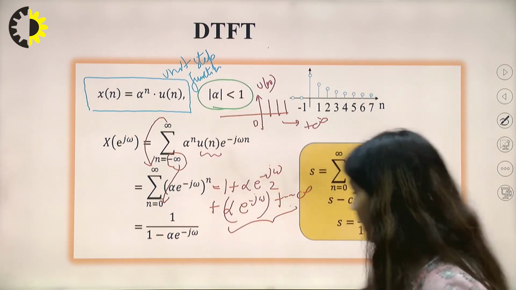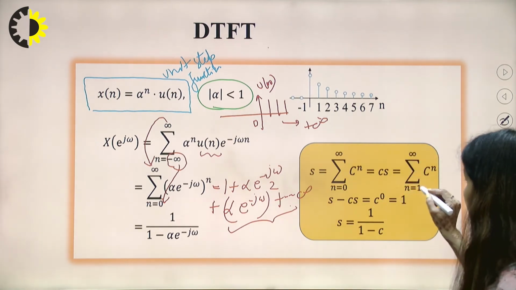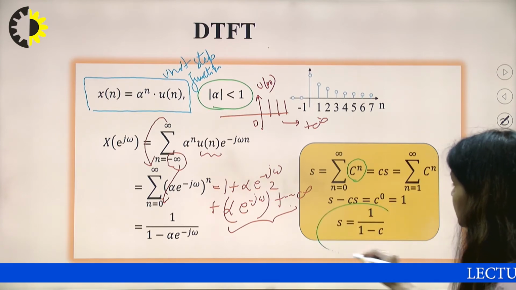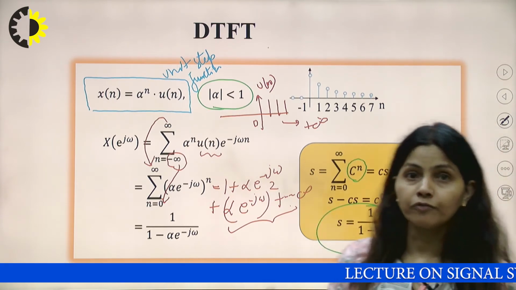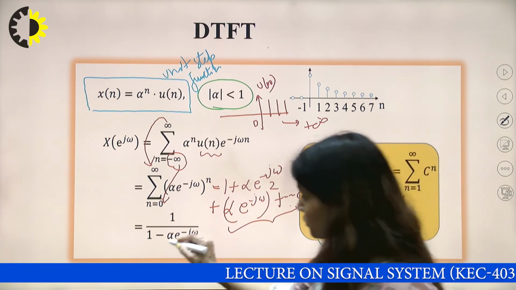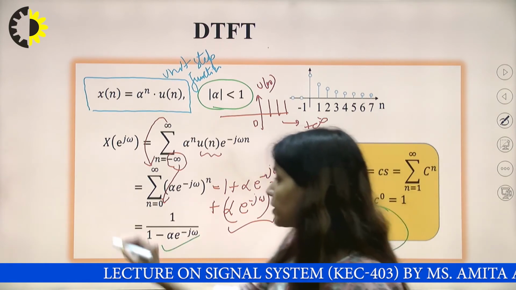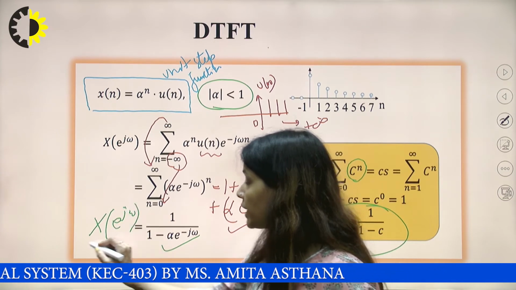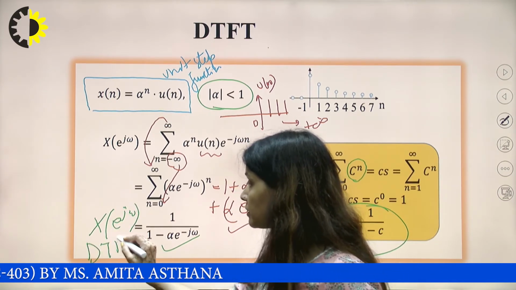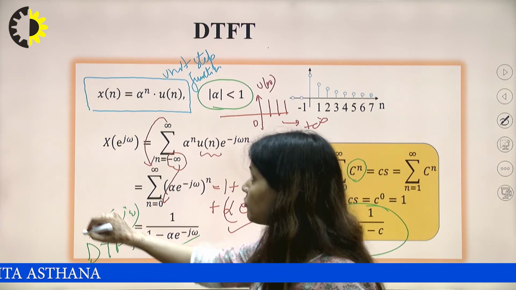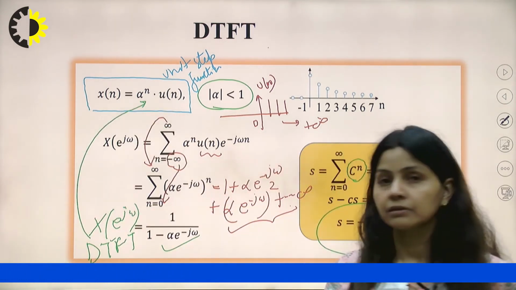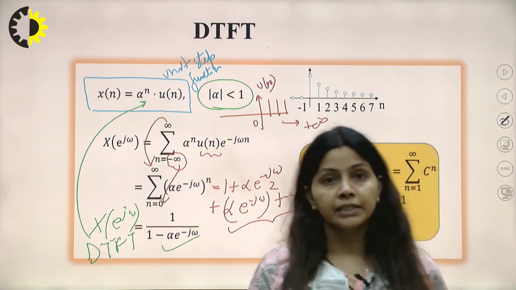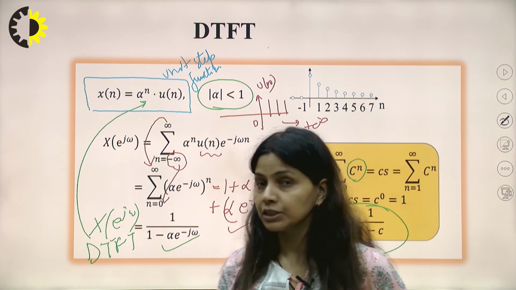So whenever we have the sum of an infinite series with the ratio less than 1, we can represent it by S equal to 1 upon 1 minus c. So we can put the value, and this becomes X(e^jω), and this is my DTFT for this sequence, right? So in this way we can calculate the discrete time Fourier transform for the given sequence.